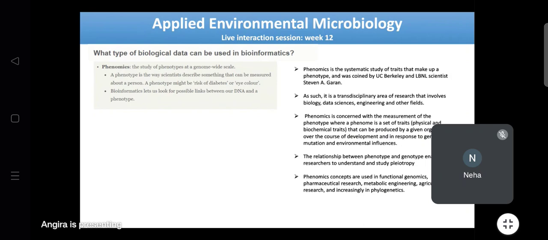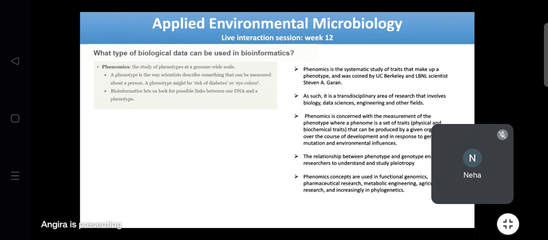Basically, a phenotype is describing a feature of an organism. Okay, so an example of a phenotype might be a person having a certain kind of eye color, or a person exhibiting a certain kind of trait.